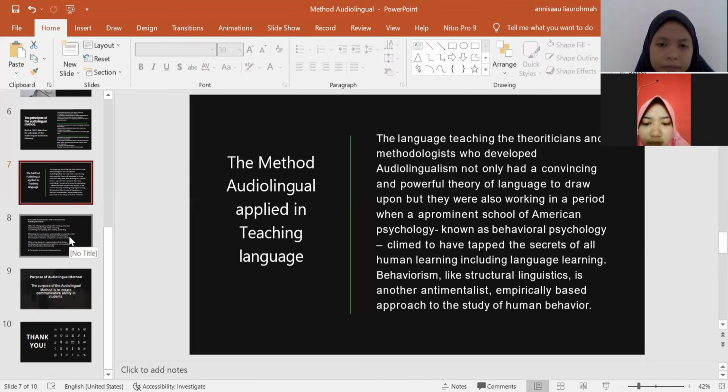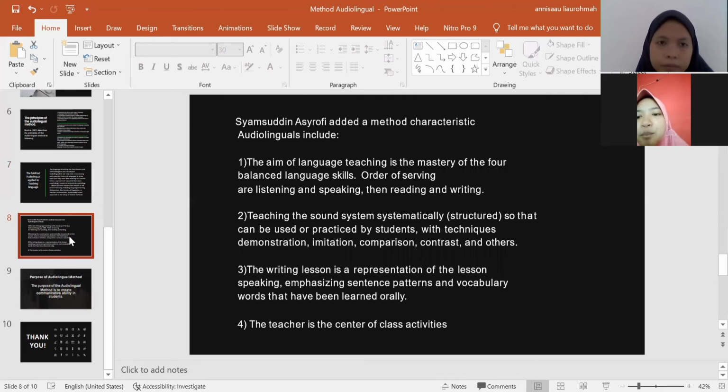See Skinner 1957 and then Brown 1980. Okay, the next slide, please. Some characteristics of the audiolingual method include, first, the aim of language teaching is the mastery of four balanced language skills, in the order of listening and speaking, then reading and writing.